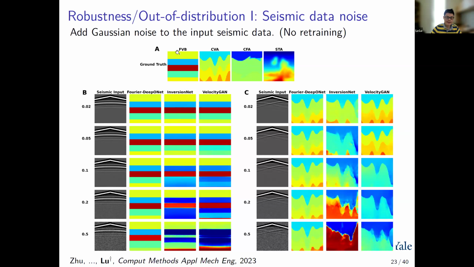So this is one testing example of the ground truth. And on the right, we have another testing example, with a different underlying structure of the velocity map C. This is really interesting. It shows the robustness of the trained network.